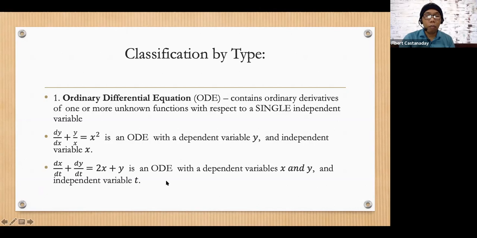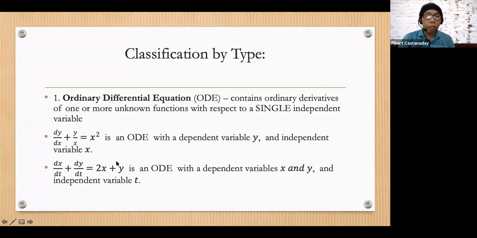Okay, another example is it will not be limited to only one unknown function. The only restriction here is that for this equation to be called an ordinary differential equation, it should contain a single or one independent variable. Since isa lang naman eh, one derivative lang yung makikita. For the next example here, dx over dt plus dy over dt equals 2x plus y.